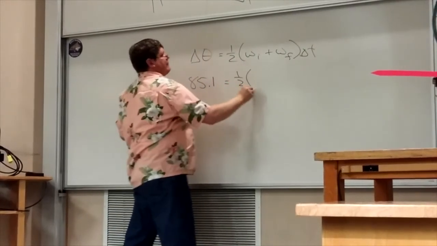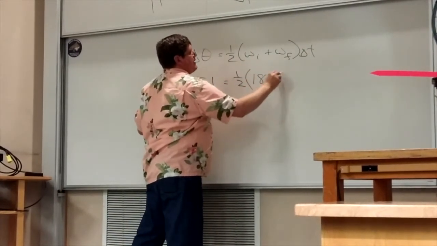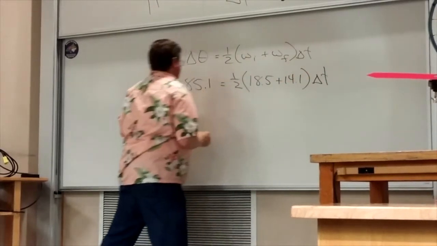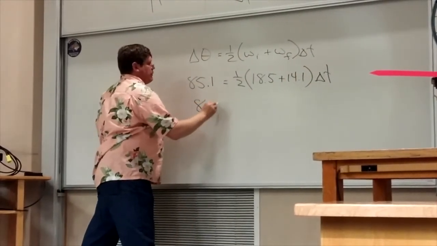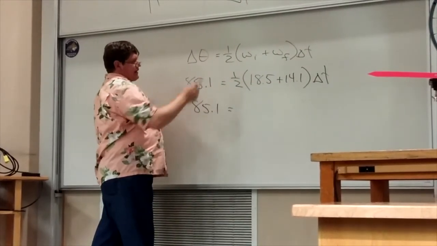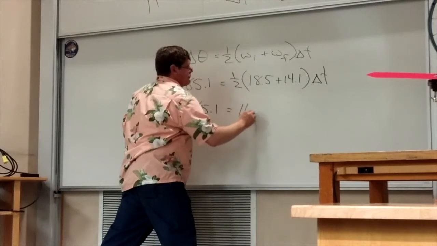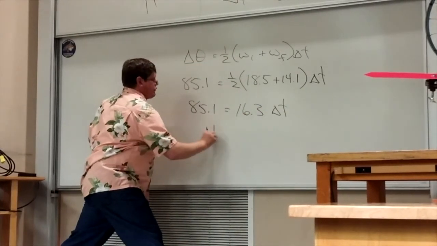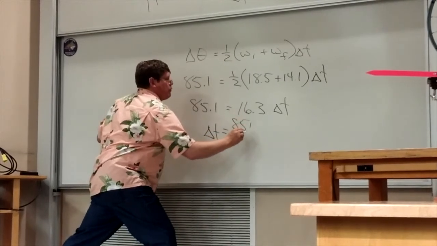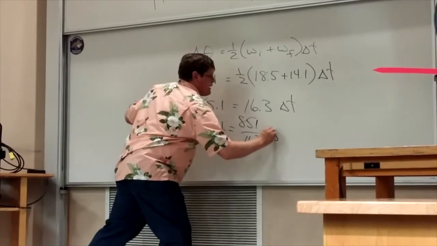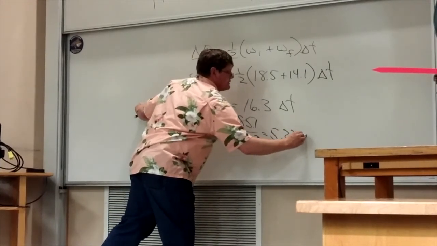This is 1/2 times 18.5 plus 14.1, delta t, 85.1. This is going to be 32.6. Half of that is 16.3. And so delta t is going to be 85.1 over 16.3 or 5.22 seconds.